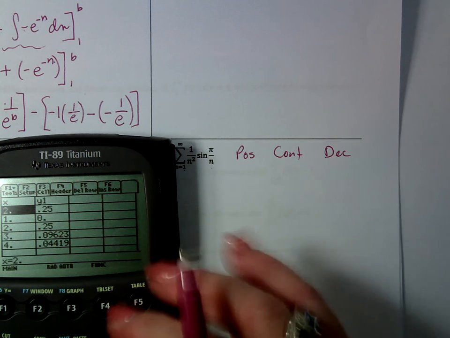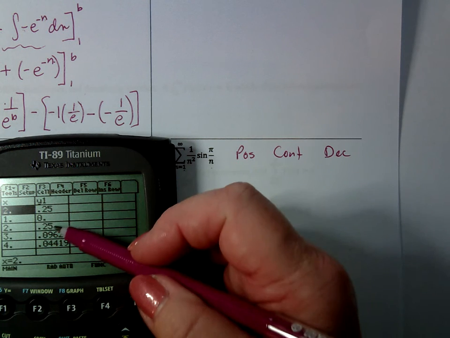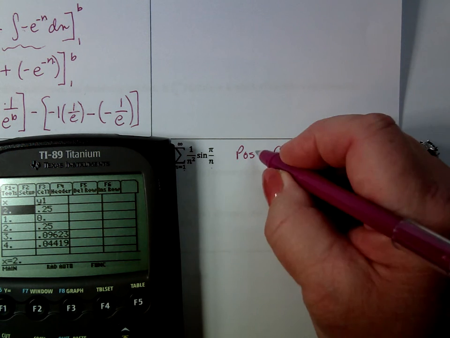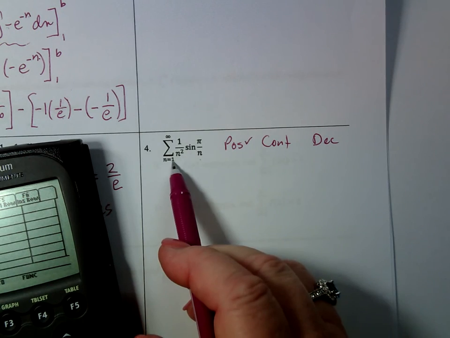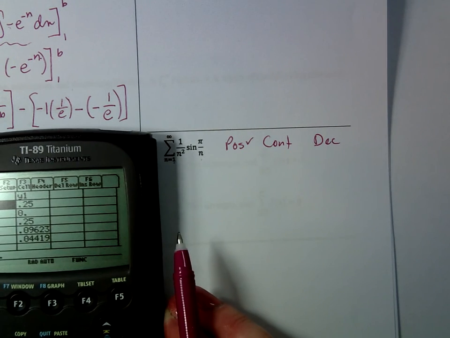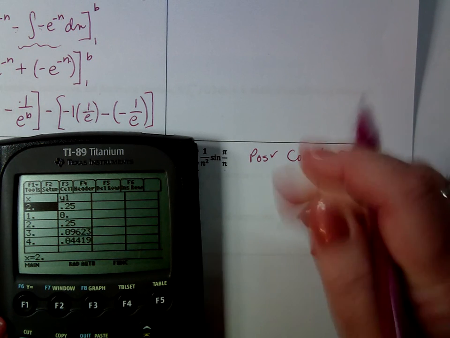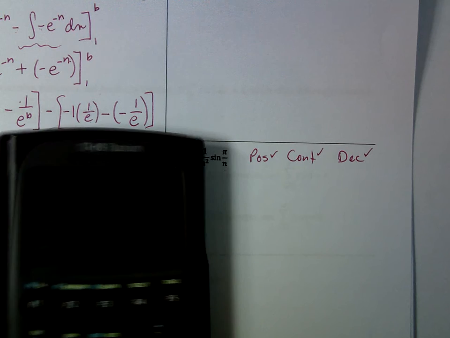Starting from 1 is 0, and then it goes to 0.25, so it's a quarter, and then it goes to 0.09. So they're all positive values after 1, because see how my bound here goes from 1 to infinity? I'm looking at it from 1 on, and I see that each one's continuous. I can see that from the picture of the graph, and they're all getting smaller. So it does fit all the criteria for what you're looking for.